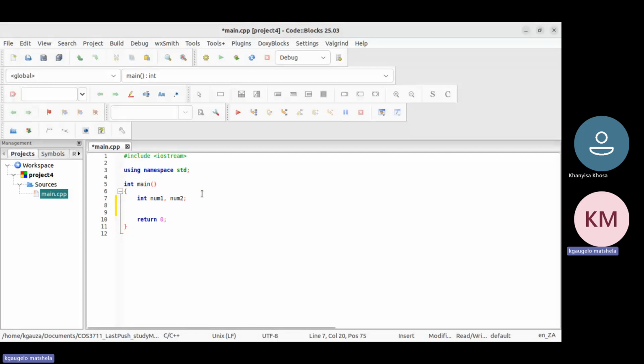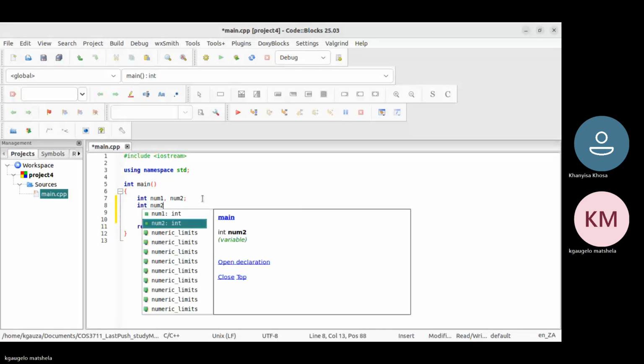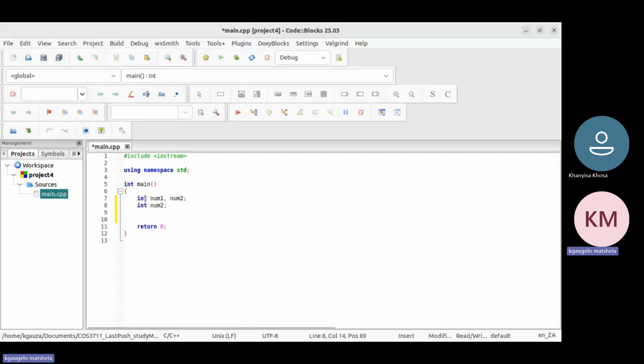So even if I declare integer num2 here, this way we're just avoiding writing integer again. Since we know that num2 is also an integer, we can just put them on the same line to save time.